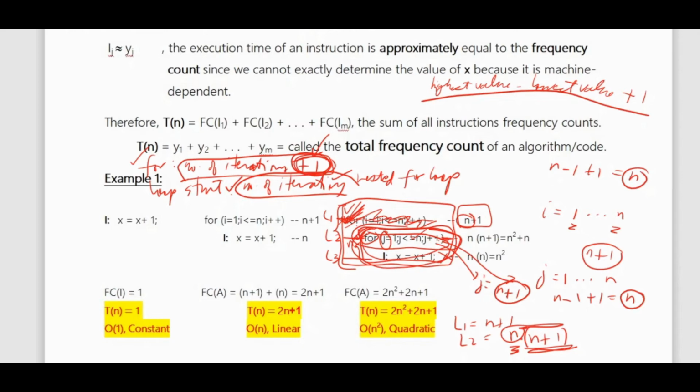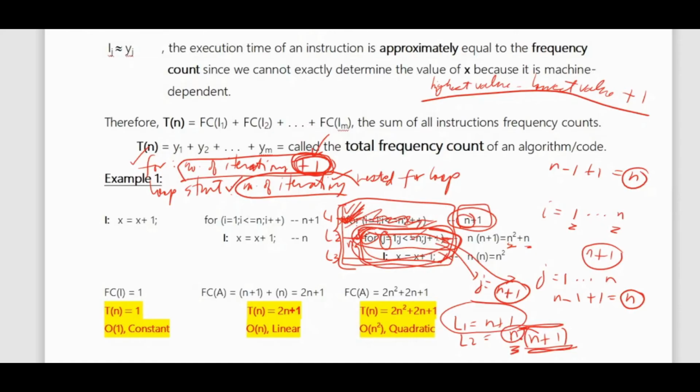So that's why we have here n times n plus 1. And that is why in our answer here, for L1 it is n plus 1, and for L2 it is n square. Okay, you get the product of n and n plus 1. That would be n square plus n.